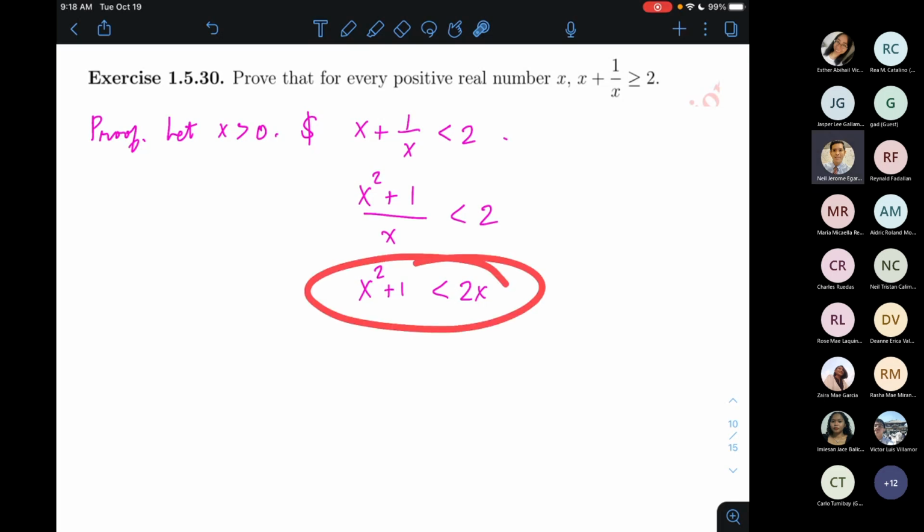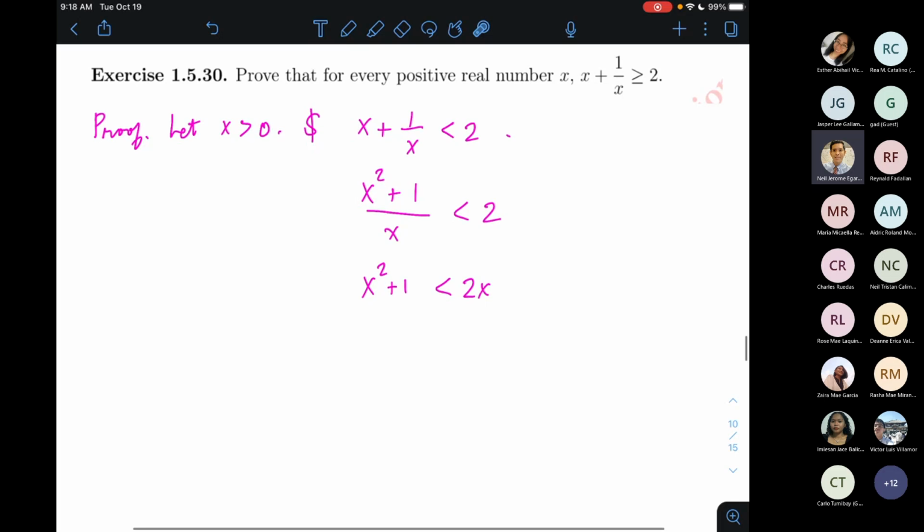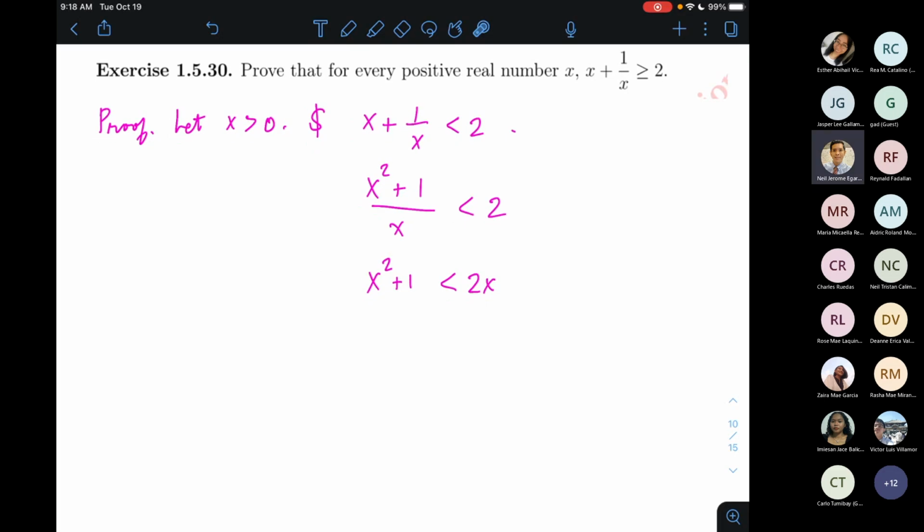Bakit valid tong ginawa namin ni Rhea na ganito? Sir, since hindi po 0 yung x or greater than 0 po yung x. Okay, thank you, Rhea. That's correct. Because x is positive, right? So I can multiply both sides of an inequality by a positive real number and the inequality won't change. So alam natin yon na established fact na yon in math, right?